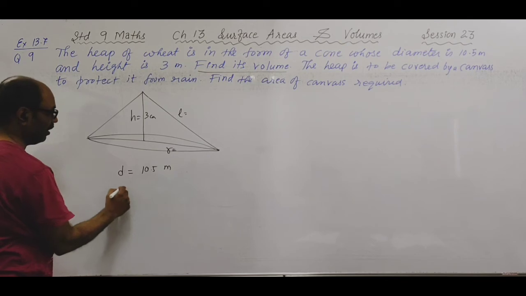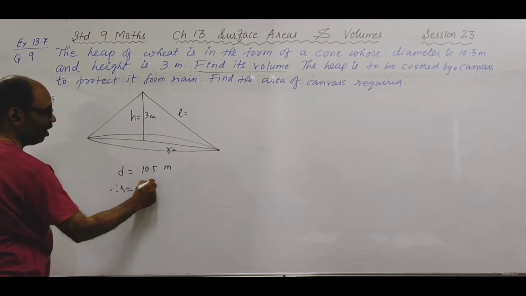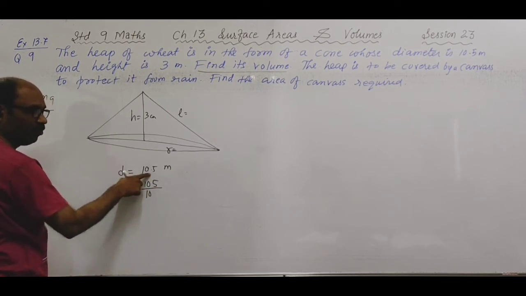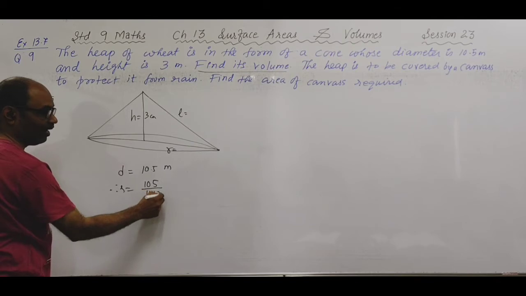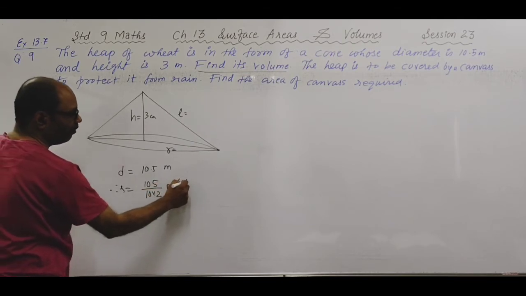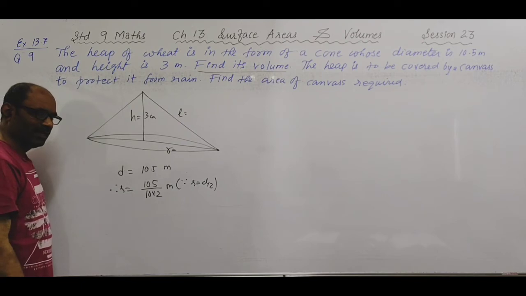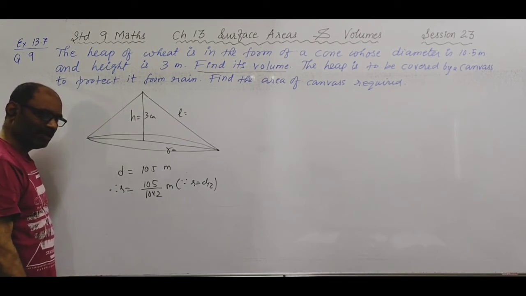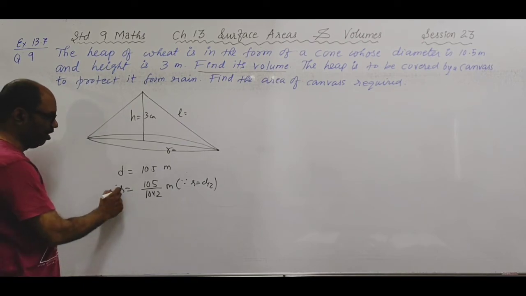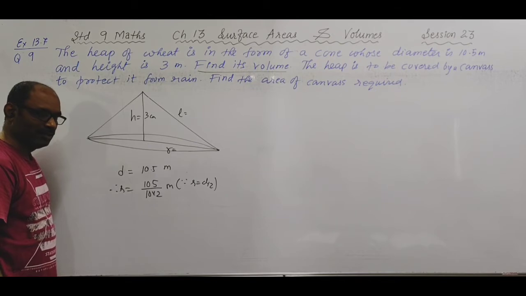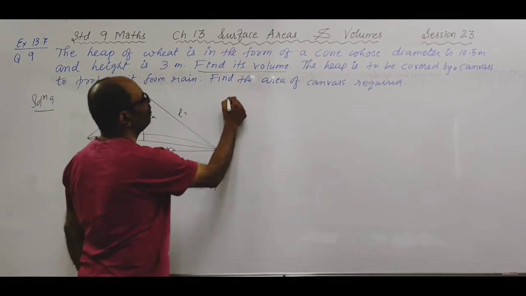What is diameter? 10.5 meter. Therefore radius will be 105 upon 10, वो point decimal निकाला and divide by 2 meter. Because radius is equal to d by 2. Cancel नहीं करूंगा. ऐसे ही रखूंगा. ठीक है? So that is your radius. Understood? Now volume.